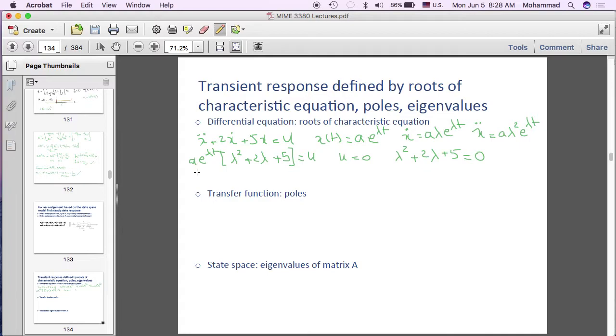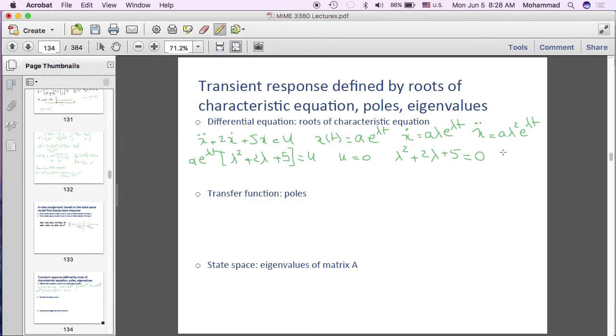And if e to the power lambda t is 0, it means x is going to be 0, which is a trivial solution. What if this system never moves? That's the scenario it captures. We are not really interested in the option of e to the lambda t being equal to 0. So that is out. What is left is that this equation has to be equal to 0.